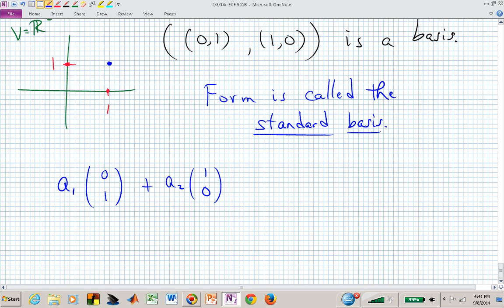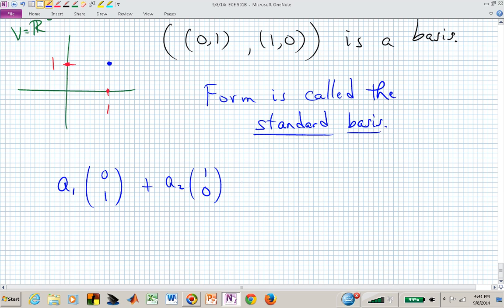Meaning, those are both going to be 1s, aren't they? Because I'm going 1 in the vertical direction and 1 in the horizontal direction to get to that blue dot. So in this basis, I could say that the coordinates of that dot are A1 comma A2, with A1 being 1 and A2 being 1.